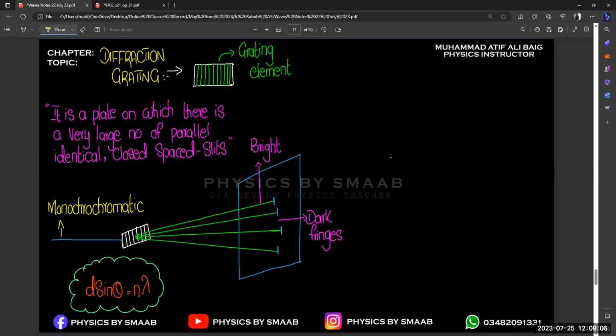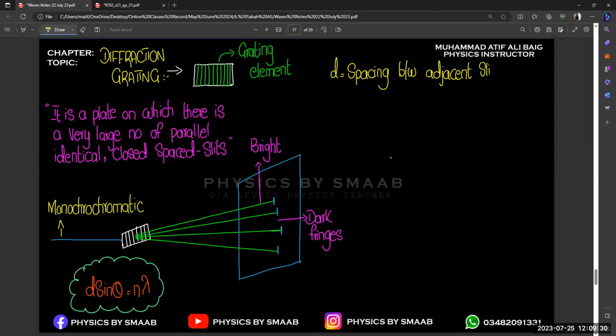This d represents the spacing between adjacent slits.